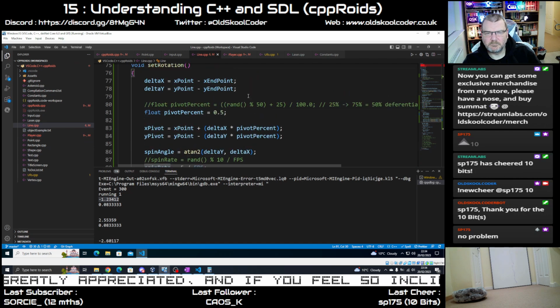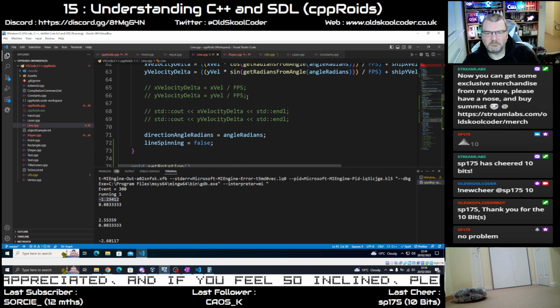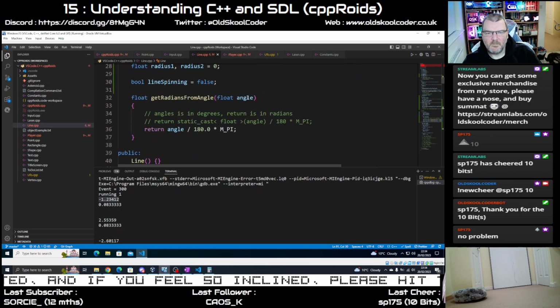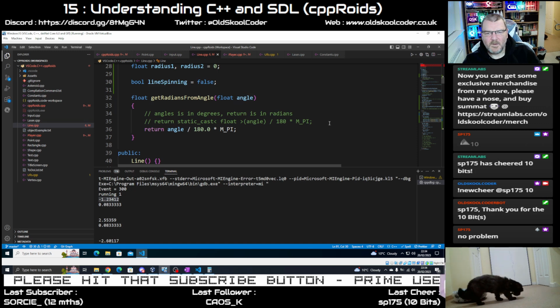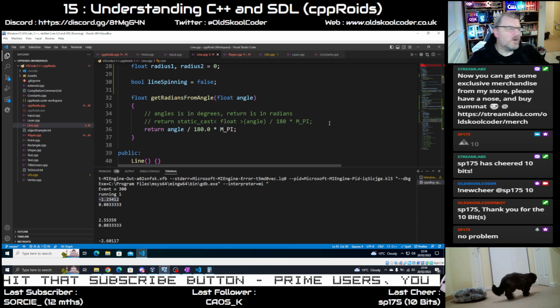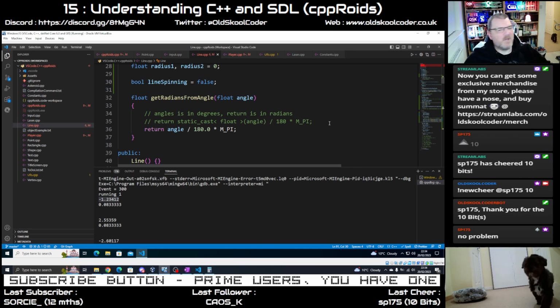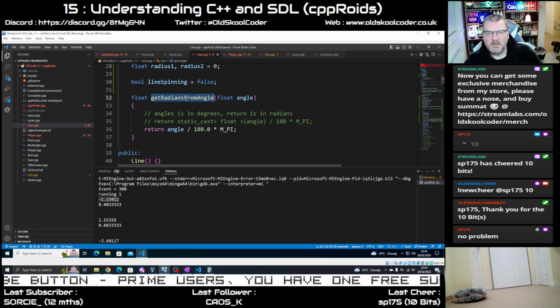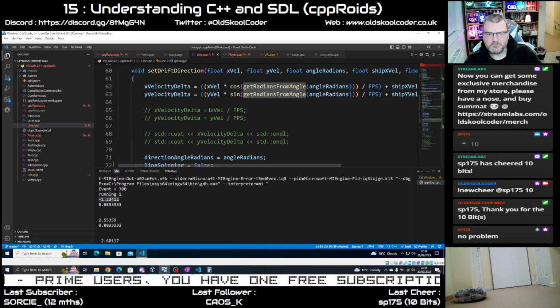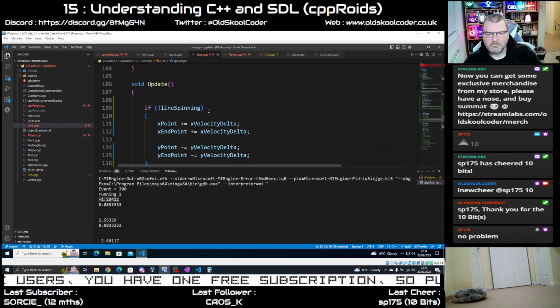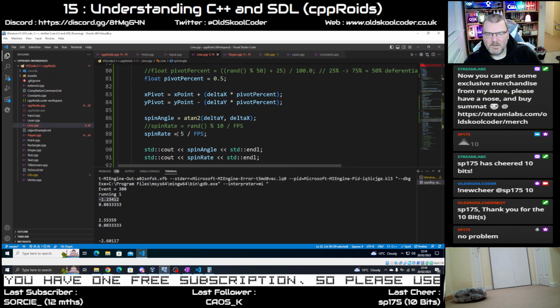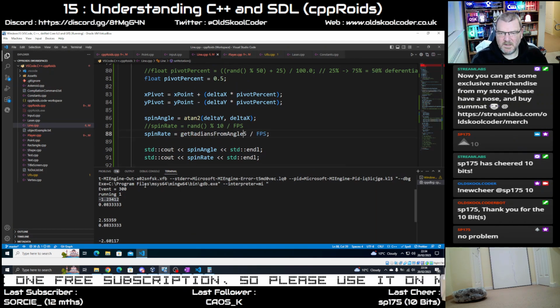Okay. If we're working in radians, maybe I should work in radians all the time. So let's do that. So it's 5 degrees by the frames per second.